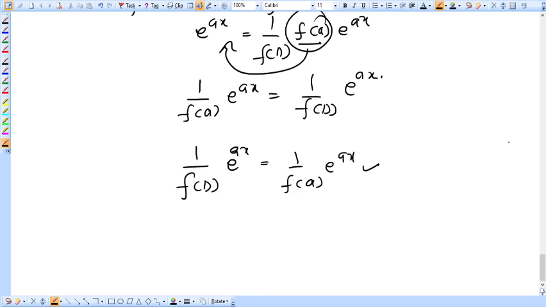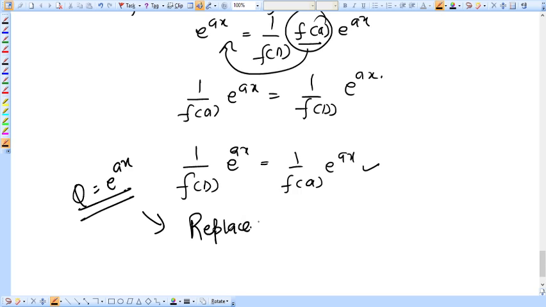So thus if you want to solve the particular integral in case of Q is equal to e^ax, what we are going to do is replace D by a. Okay, and you will be getting the particular integral just by replacing D by a, right?